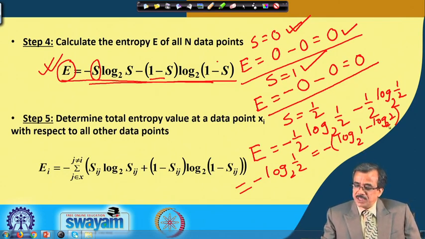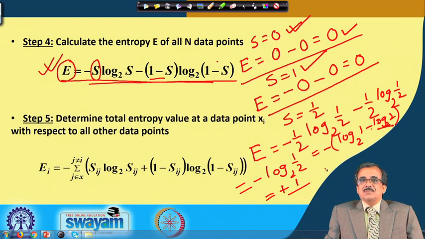Now, log 2 base 2 is actually 1 and log 1 base 2 is equal to 0. So, I will be getting minus 1 here and I have got another minus, so minus and minus will become equal to plus 1.